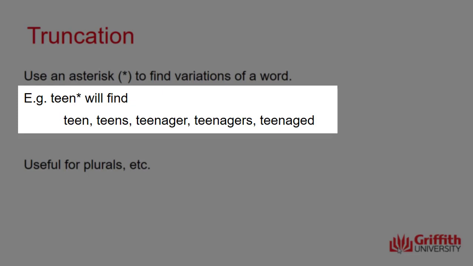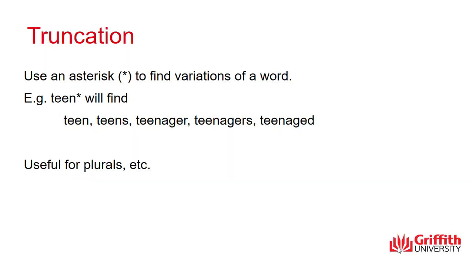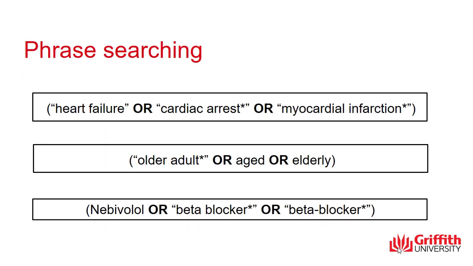This function is particularly useful for returning plurals of the search terms, which in turn can expand your results. If we look at our search terms again, we can add truncation to expand some of the keywords. I've added an asterisk to the words arrest, infarction, adult, and beta blocker to capture plurals of these words in the search results.